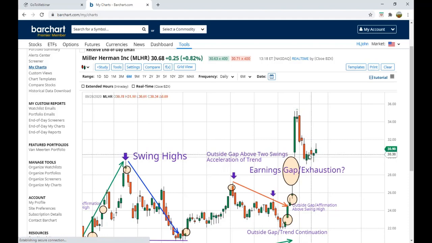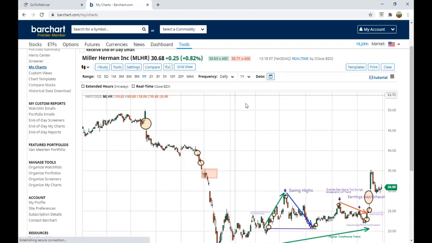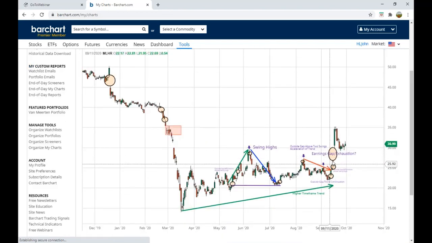Now we are basing here, and price could start to move up because in the bigger picture, this is a more dominant uptrend. So all we've really done here is popped above all of these most recent swing highs.